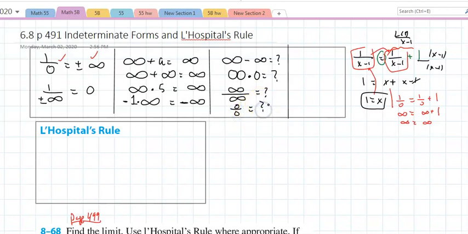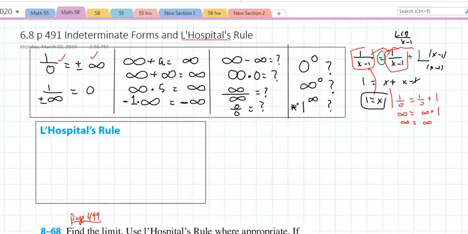Also unknown. Now, the three values that we've been leaving out: 0 to the 0 in algebra all along has been undefined. Infinity raised to the 0 is always undefined. 1 raised to the infinity is always undefined. That's a tricky one. That's because of complex numbers. You really don't touch on those until you take Math 55.